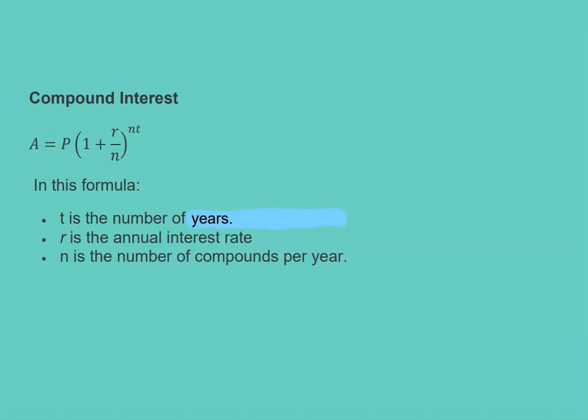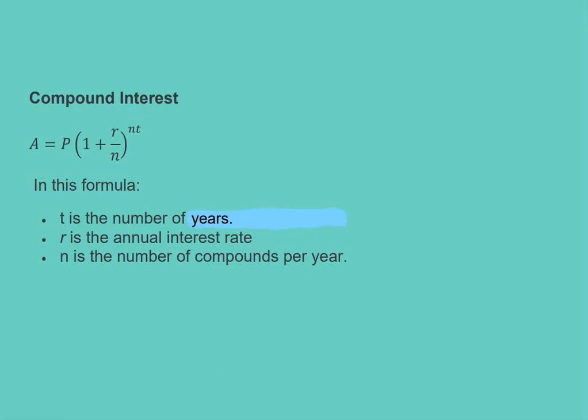The compound interest formula is A, which again is the amount in the account, is equal to P, which once again is the principal, times 1 plus r, which is the interest rate in decimals, over n. This is a new letter, the n in both places, so we have n in the denominator of our fraction, and then we also have n in the exponent. In both of those places, that represents the number of compoundings per year.